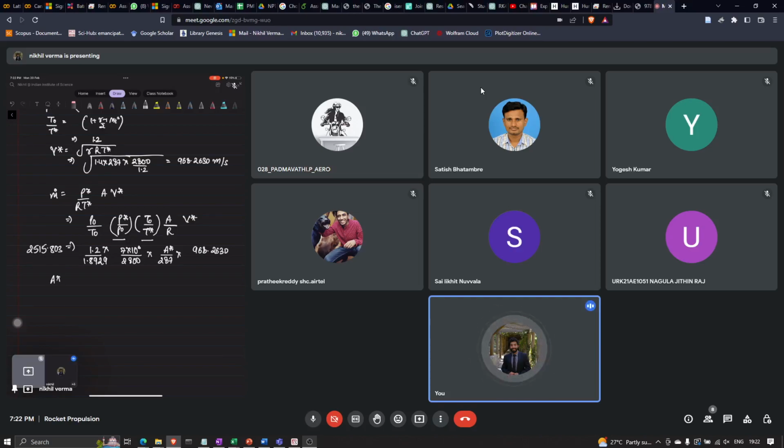So the A star you will get as 0.4705, and with this you can calculate what is the diameter. You get as 77.40 centimeters.